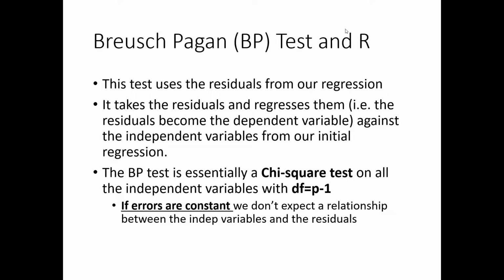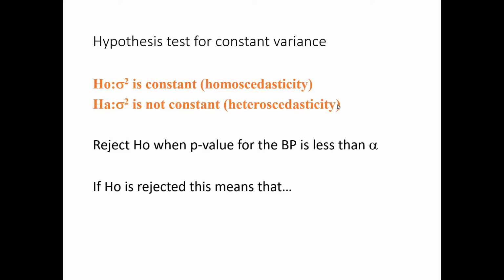So what that really means is that when we look at our H0 and our HA, H0 is that the variance is constant, i.e. homoscedastic, unless we can show that the variance is not constant, i.e. we have to show that it's heteroscedastic.